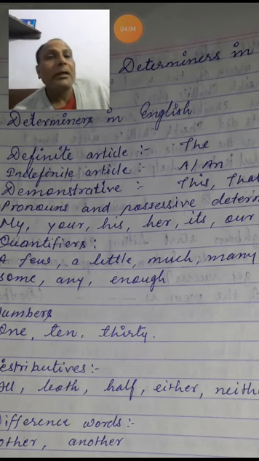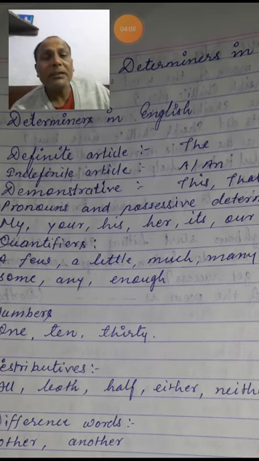This is called an exception of the determiners in articles, so we call it the indefinite article in this part of determiners.